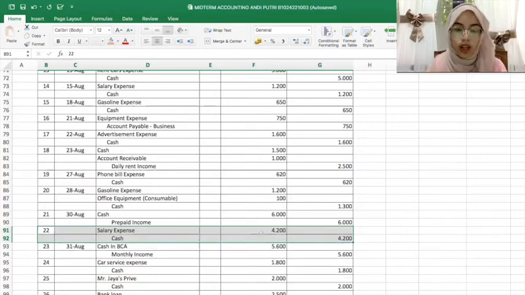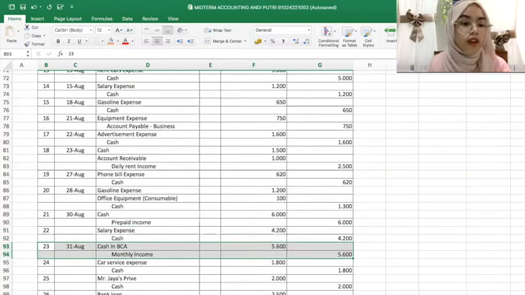Salary expense is on the debit side for 4,200 because we just compute the driver salary and the part-time accountant salary. So it will be 4,200 rupiah, and cash is decreasing for 4,200 rupiah in credit because we use the cash to pay for the salary.